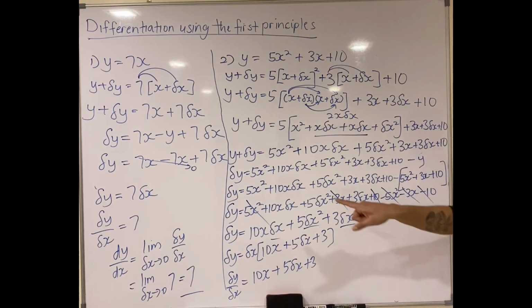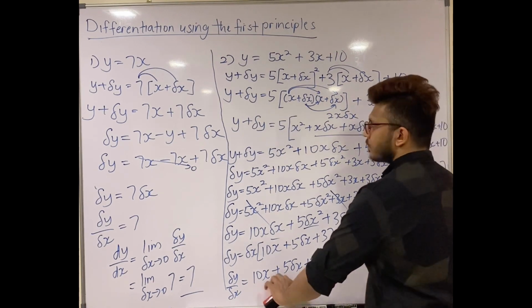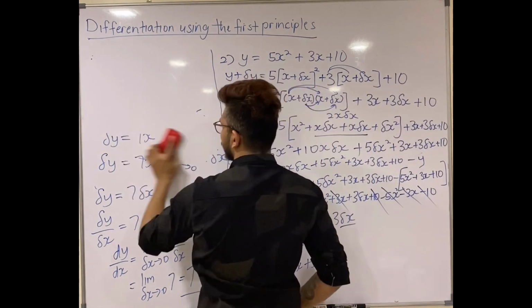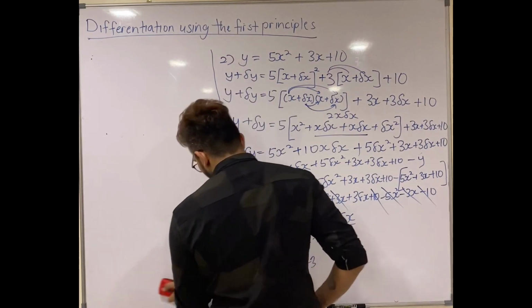Now you know what is the next step. We are not done yet. We are going to write that. So I'm going to erase that and do it so it's easy for you to understand. So the quantity is here.